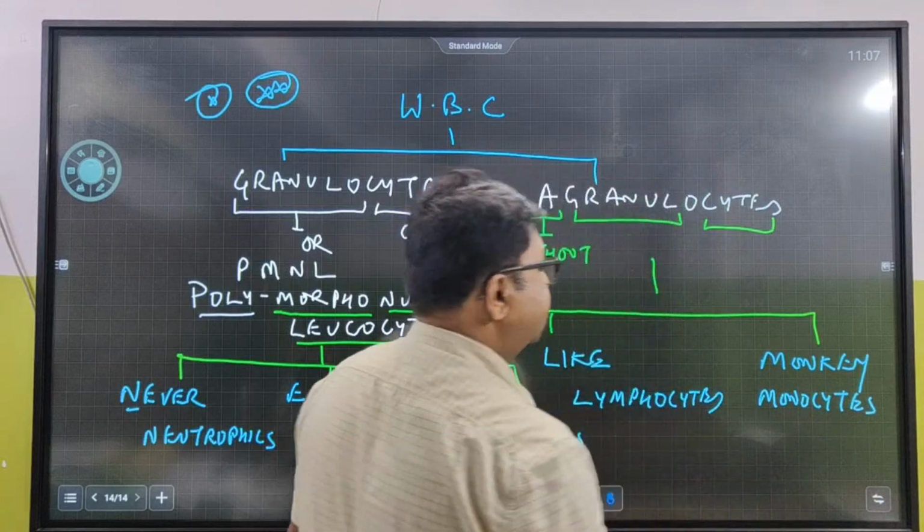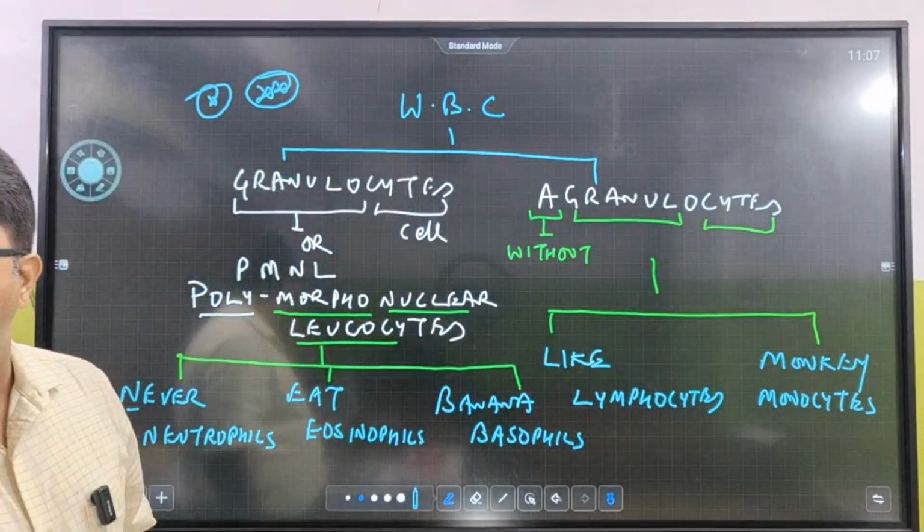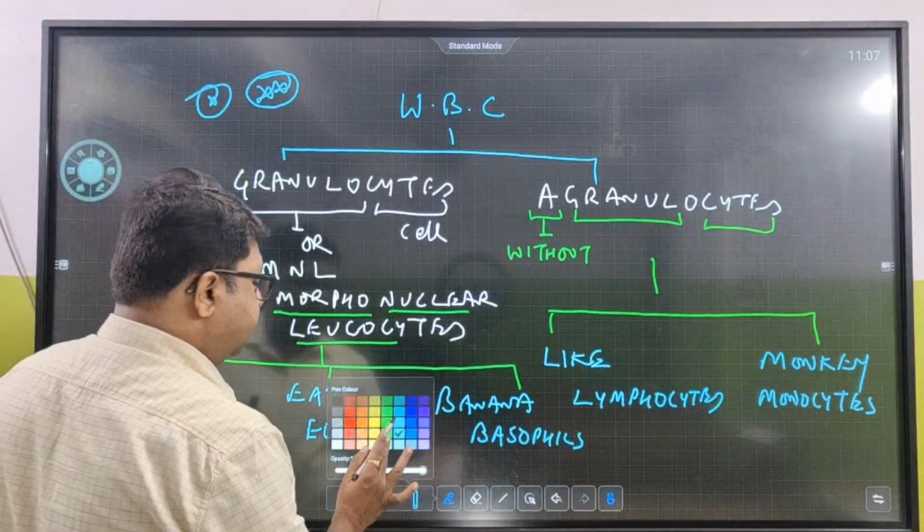Monkey for monocytes. So these are the 5 different types of WBC.